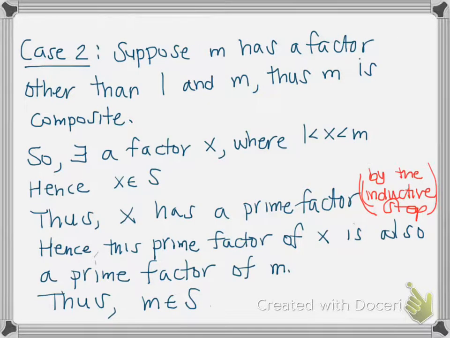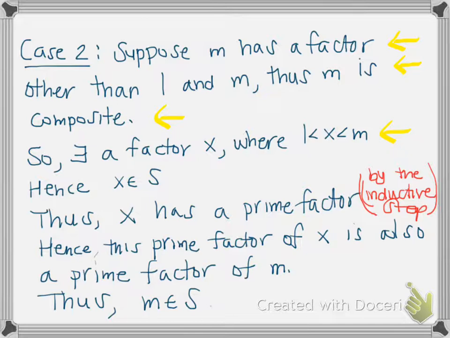Now we have to get a little deeper. So case 2 is, we're supposing m has a factor other than 1 and m. Thus, m is composite. So there exists a factor x, where x is between 1 and m.